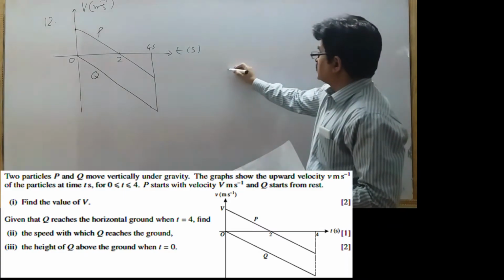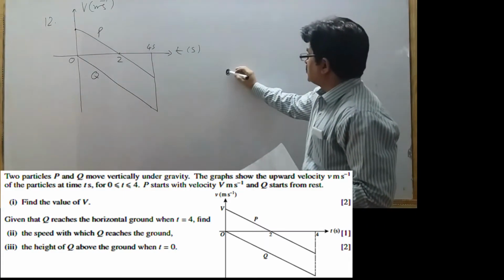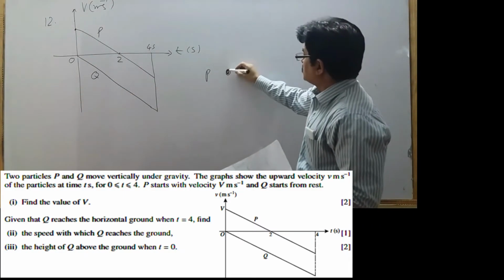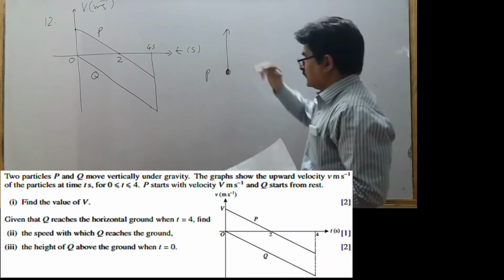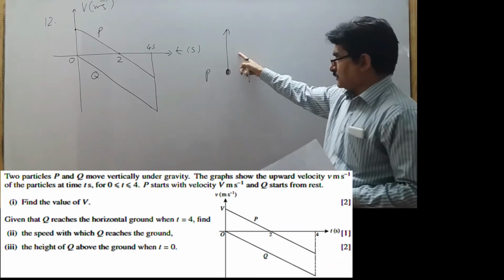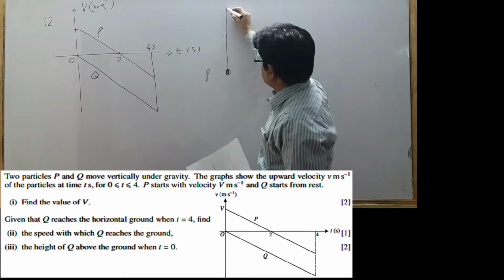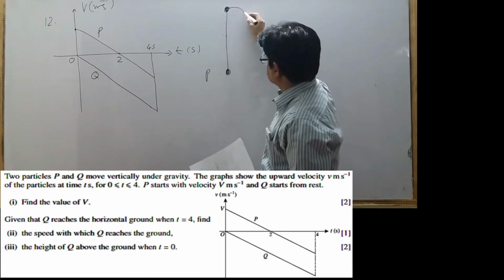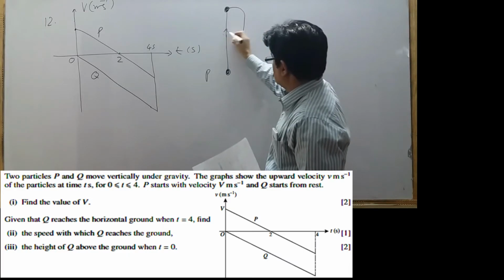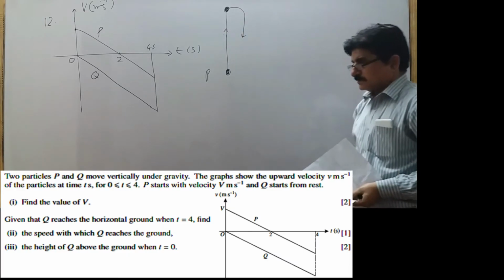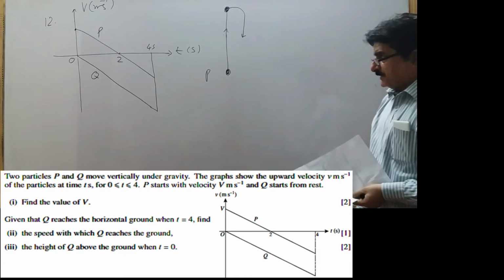So the upward direction is taken as positive. So this is the particle P. Particle P is moving upward because its velocity is positive. What happens at 2 seconds? When time is 2 seconds, it reaches the highest point, takes a turn and comes back.